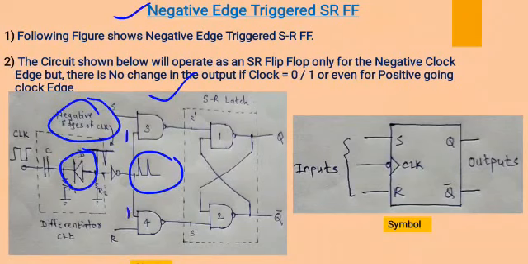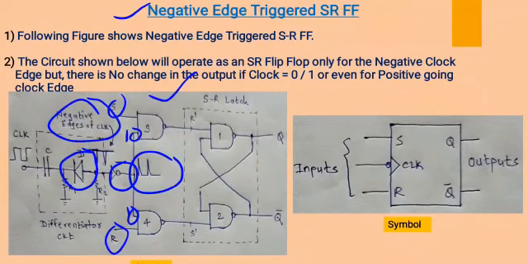If we did not add this NOT gate over here, both NAND gates 3 and 4 would always get a 0 input, by which irrespective of S and R we would have got a logic 1 output, which we are going to avoid.